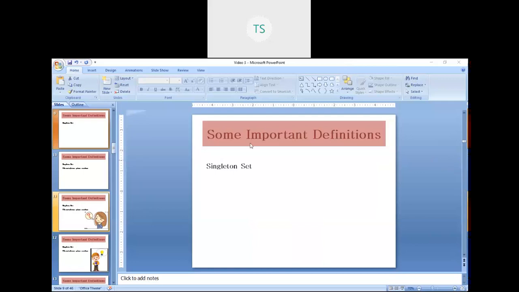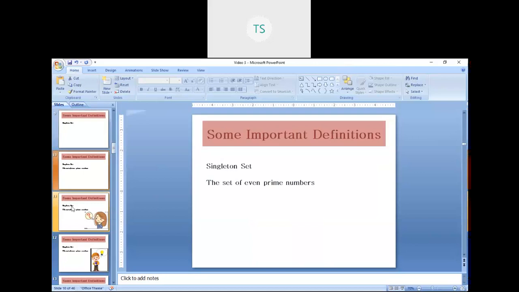Another singleton set example is the set of even prime numbers. Now the set of even prime numbers contains how many elements? What is the even prime number? Two. Yes.